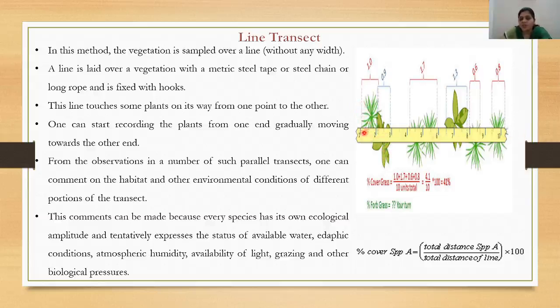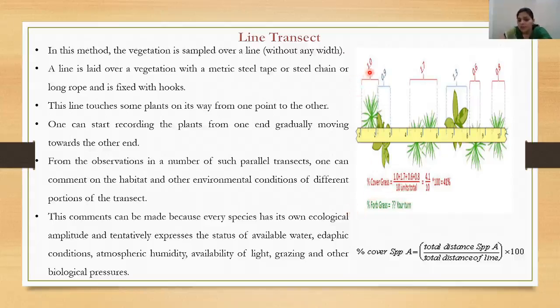You have to measure the distance on the scale of the same plant. So here, for example, it is 1 centimeter. Here the same species covers an area of 1.7 centimeters. Again 0.6 and 0.8. So how are we going to calculate the percentage of cover grass?